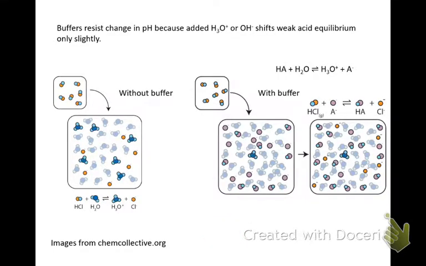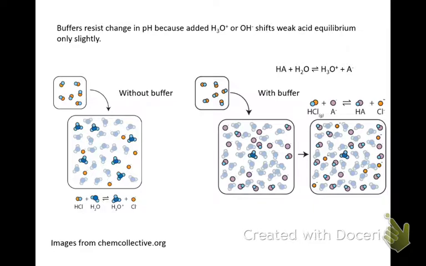So thinking about that in a little bit more detail, if we picture what the molecules are doing, we see that buffers resist a change in pH because added H3O+ or OH-, strong acid or strong base, only shifts a weak acid equilibrium slightly. So if we start with the picture on the left, we see that when we add the 1, 2, 3, 4, 5, 6 HCl molecules to our unbuffered solution, that produces 1, 2, 3, 4, 5, 6 H3O+ molecules.